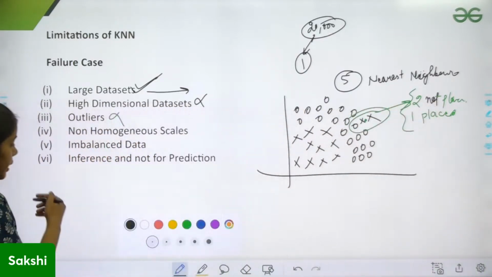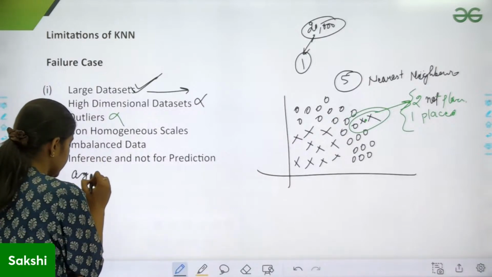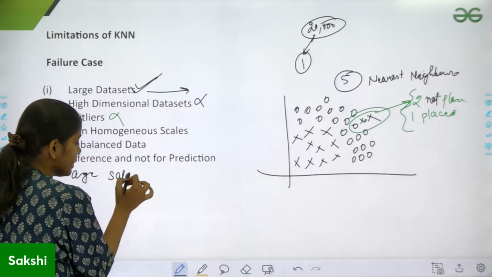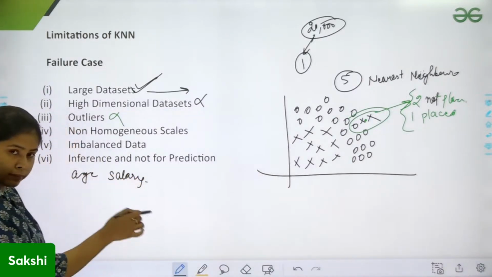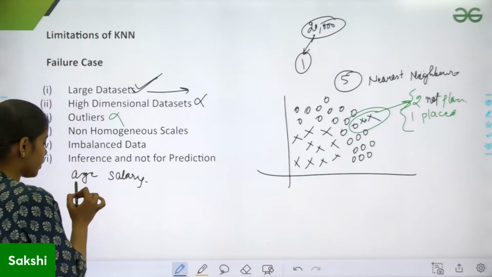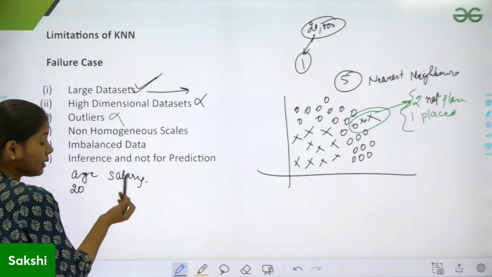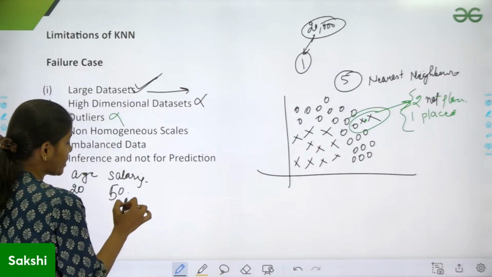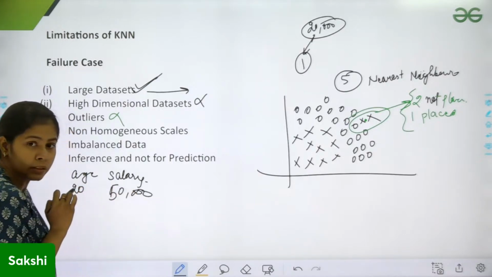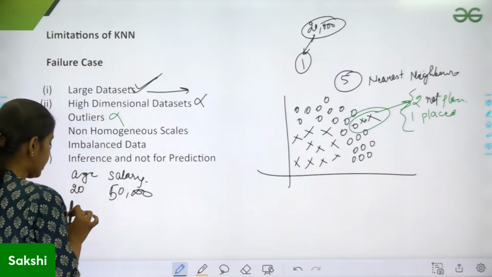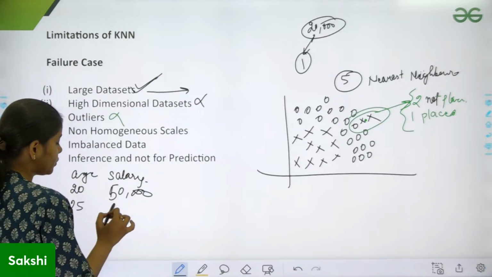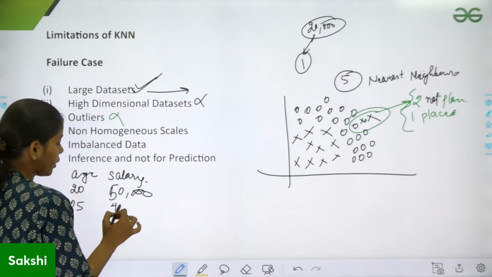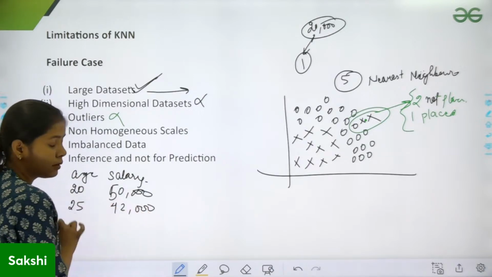Let's suppose we are taking age and salary, and you can see they are non-homogeneous. Suppose age is 20, then the salary would be, let's suppose, a person earning 50,000 rupees monthly. If a person is 25, let's suppose he is earning 42,000. There may be such a possibility.